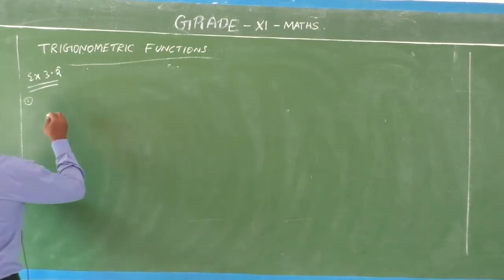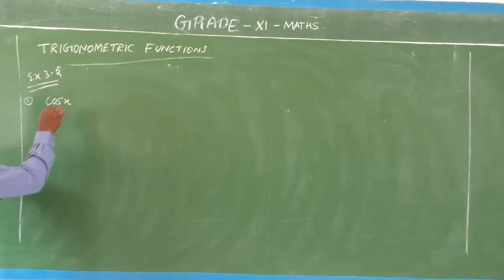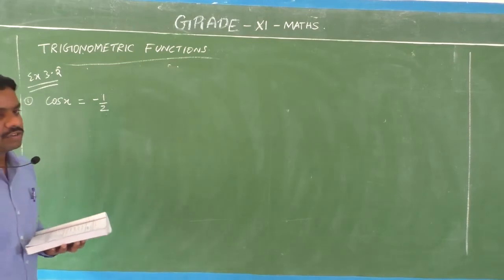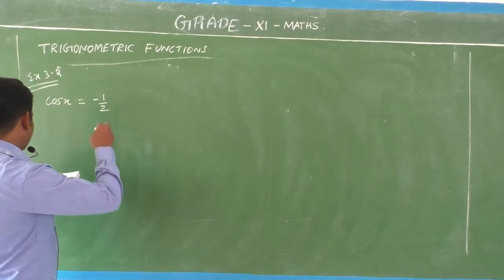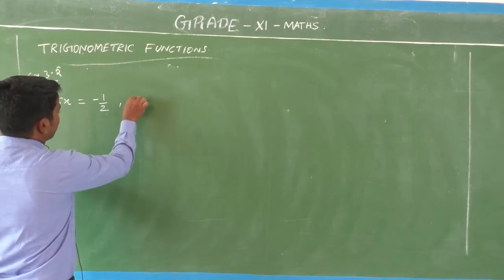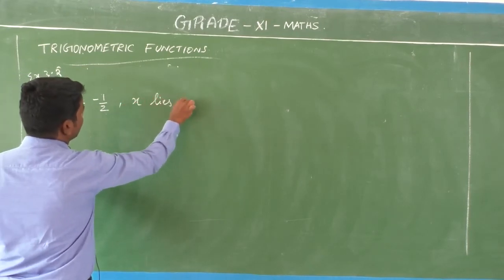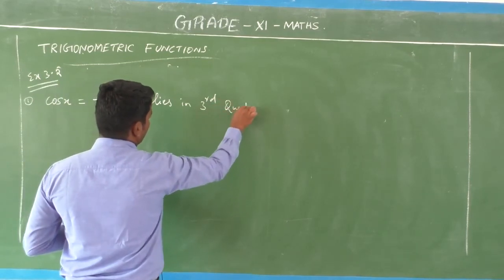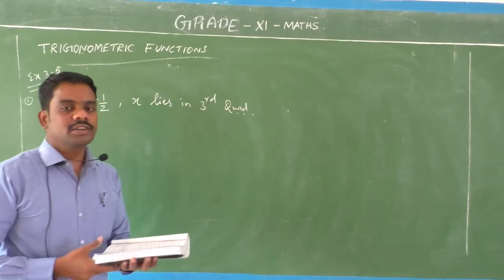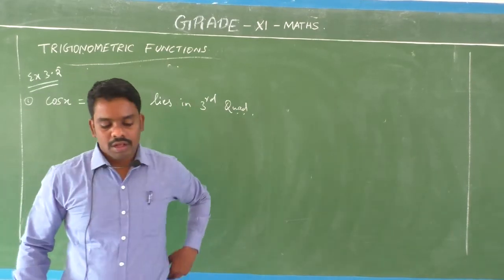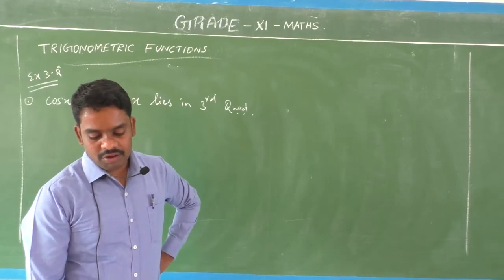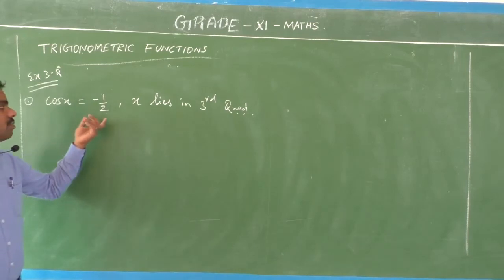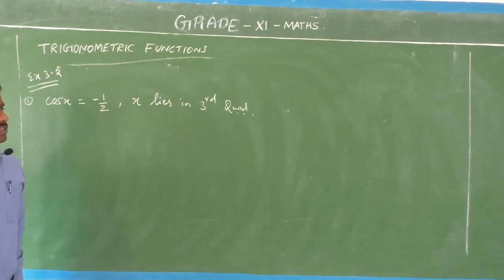First one: cos x is equal to minus 1 by 2, and x lies in the third quadrant. The first question is to find the values of the other 5 trigonometric functions, and the given information is cos x is equal to minus 1 by 2, with x in the third quadrant.